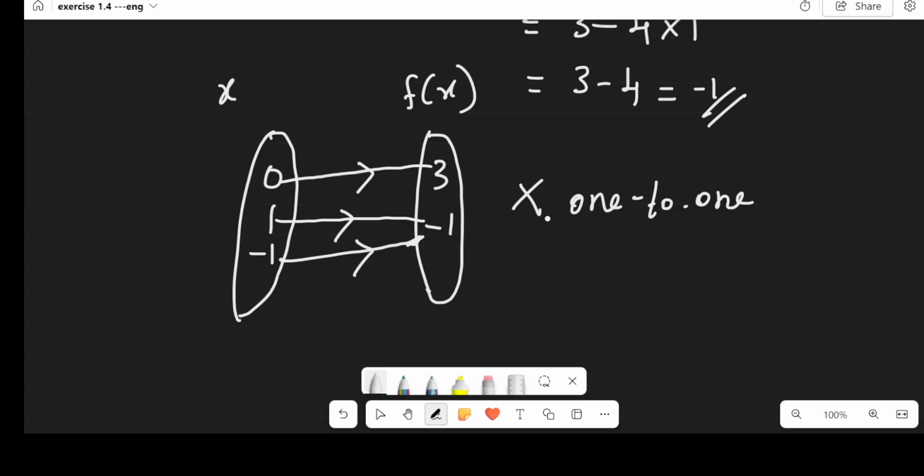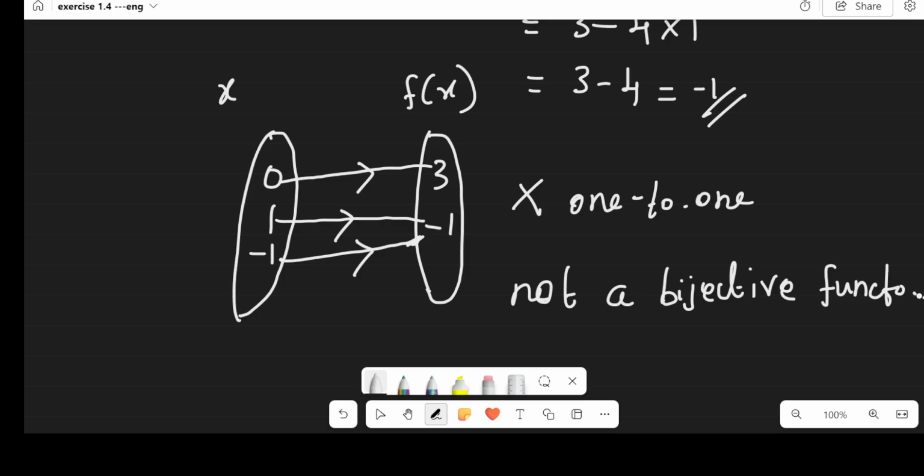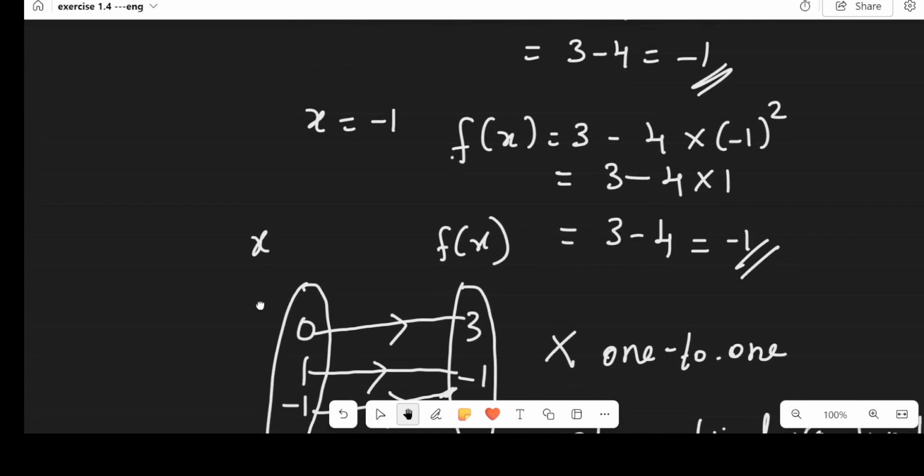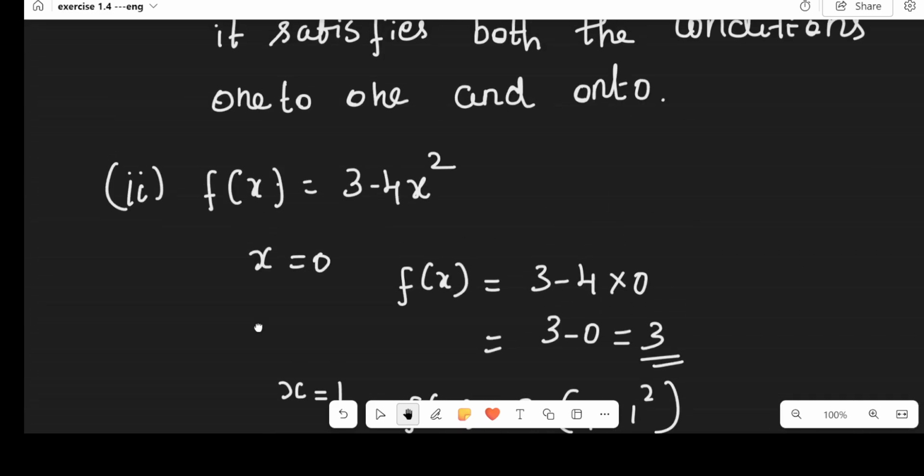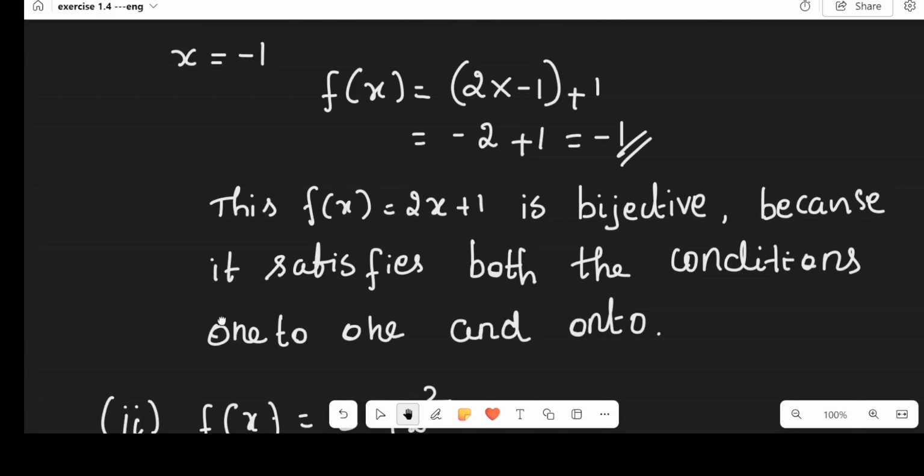So it is not a one-to-one function, so it shows that it's not a bijective function. Okay, this is not a bijective function, because it is not satisfying both one-to-one and onto. Okay, this is the answer of the second sub question of problem number 7 in exercise 1.4.